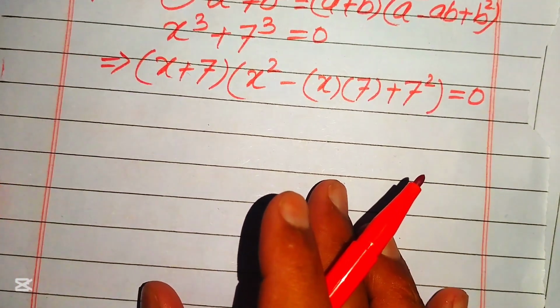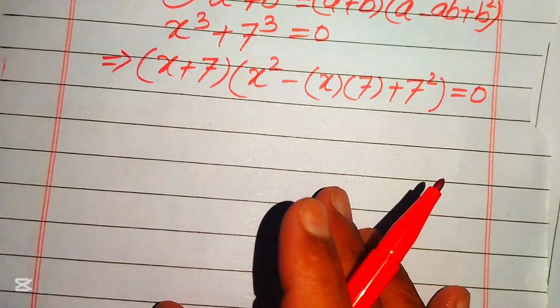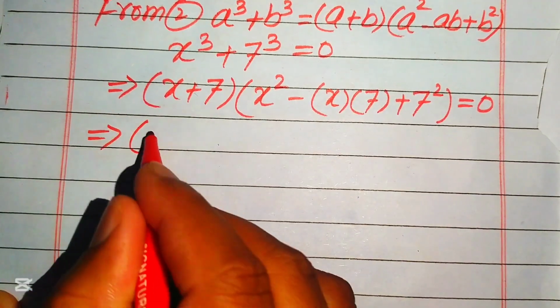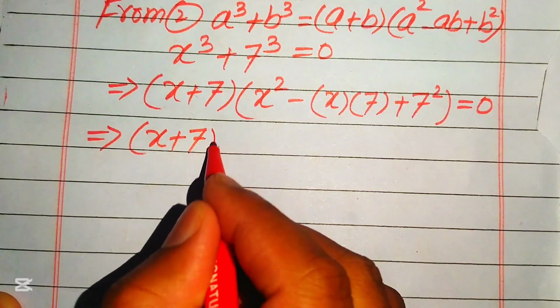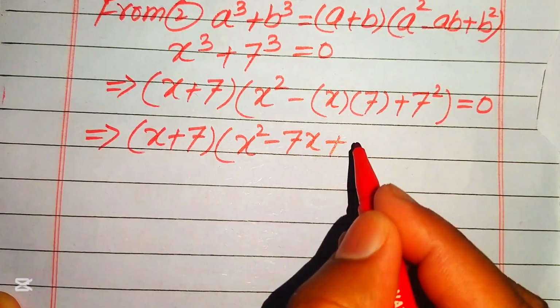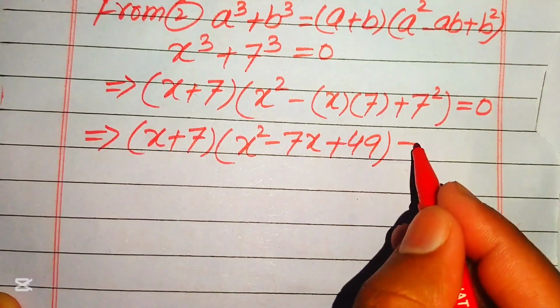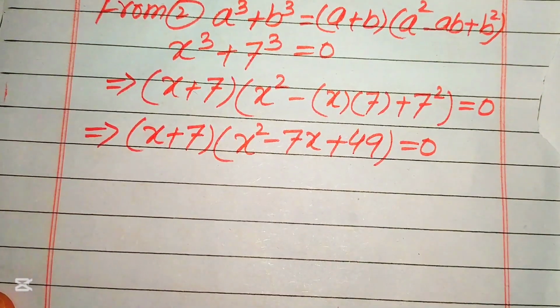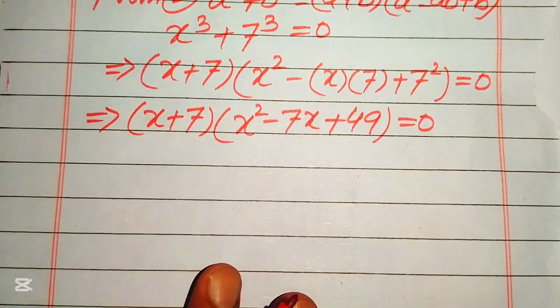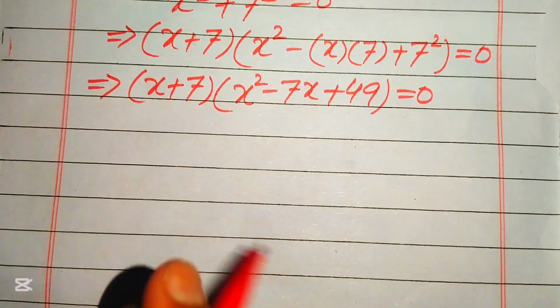So in the next step we need to simplify the terms, and this will be written as x plus 7 times x squared minus 7x plus 49, and this whole equals 0.